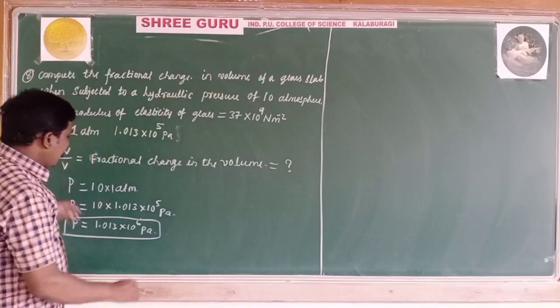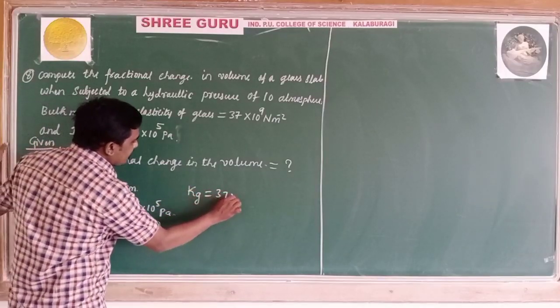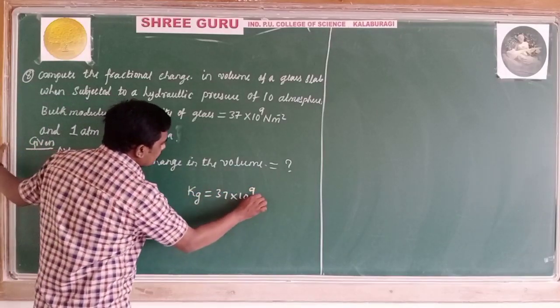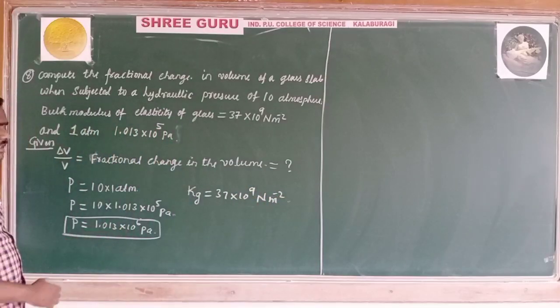And the bulk modulus of glass is 37 into 10 to the power of 9 Newton per meter square. This is also mentioned.